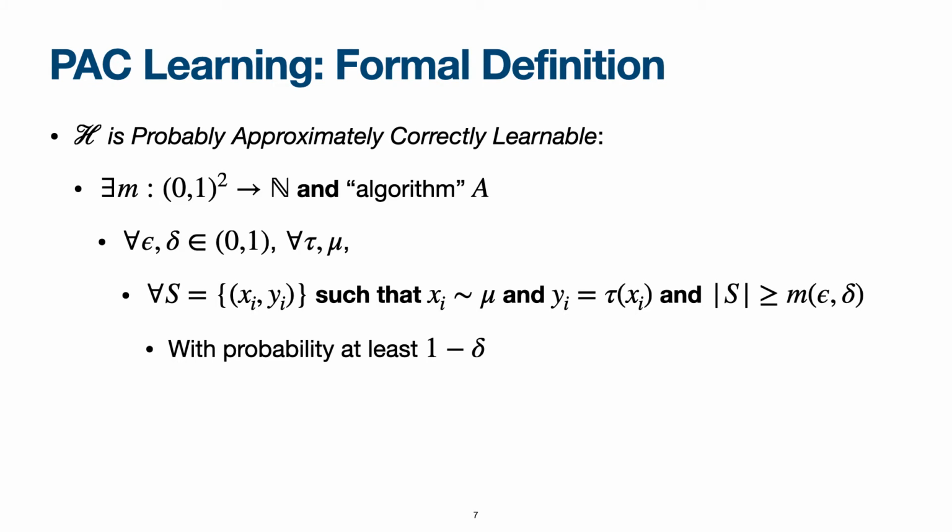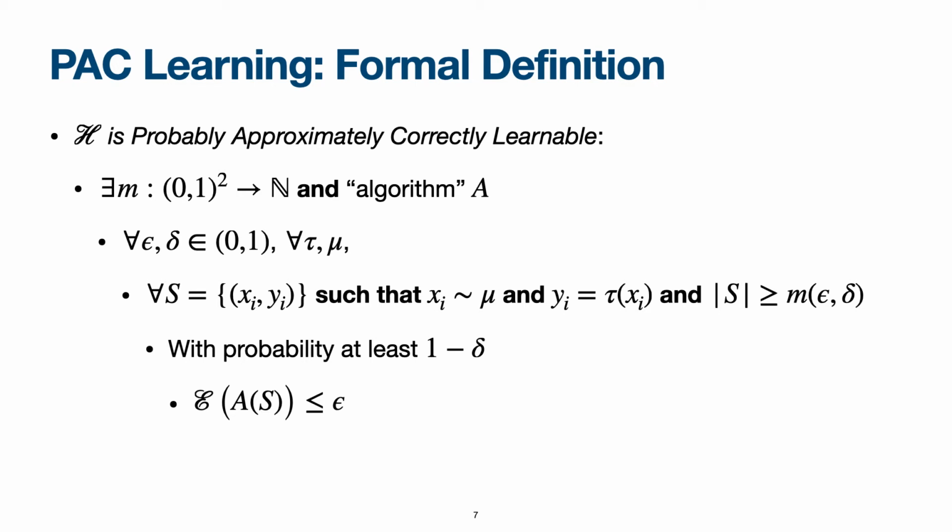Then, with probability at least 1 minus delta, the error of the hypothesis chosen by the learning algorithm on the training set S is less or equal than epsilon.